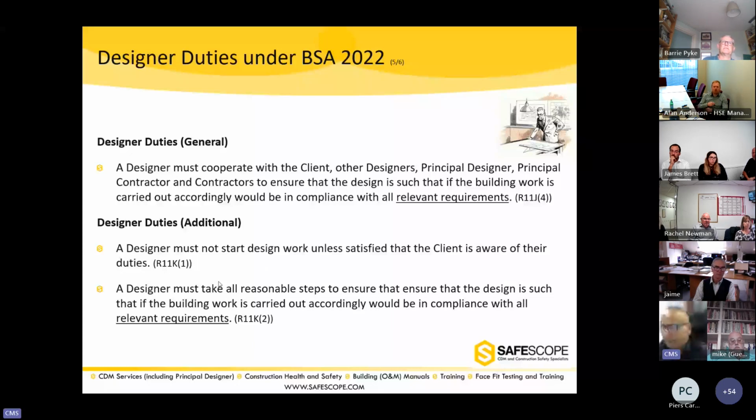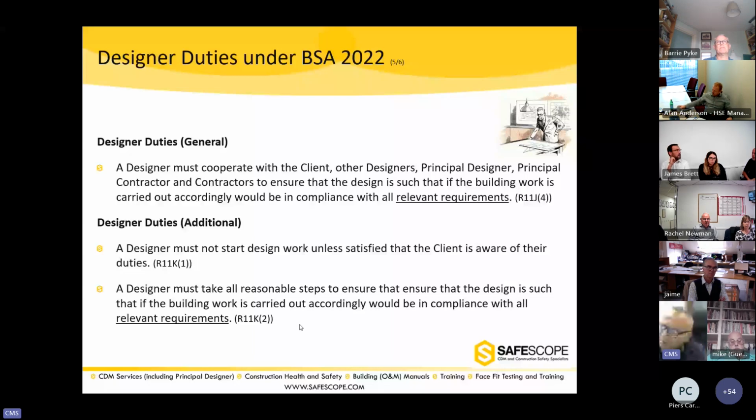Designers, the last bullet point, the designers must take all reasonable steps to ensure the design is such that if the building work is carried out accordingly, it would be in compliance with all relevant requirements. Sorry, it's a little bit too wordy. I think we can sum it up in a way to say a designer must ensure that their design complies with building regulations in simple terms. And that's their main requirements.